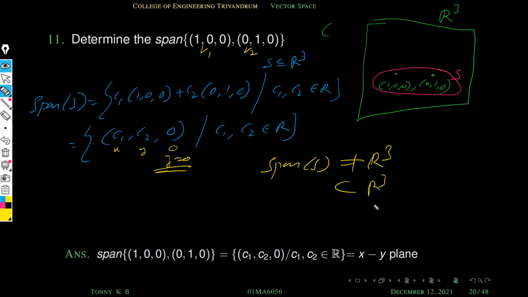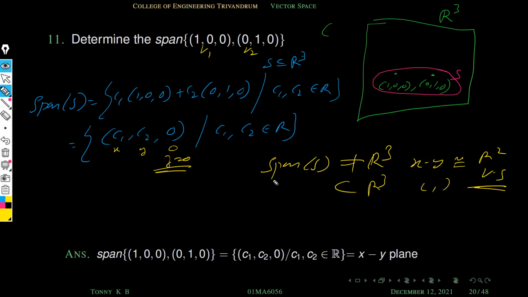What is the XY plane in terms of coordinates, or in terms of Rn? We know that the XY plane is the set of all ordered pairs. That is our R2, and we know that this R2 is a vector space.